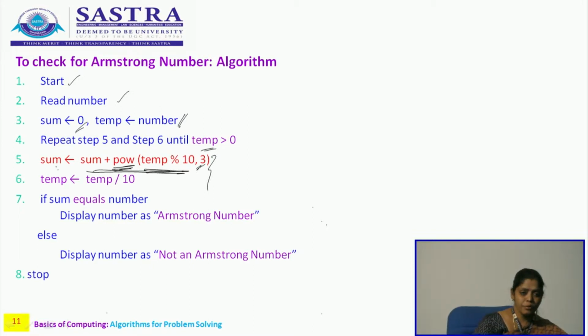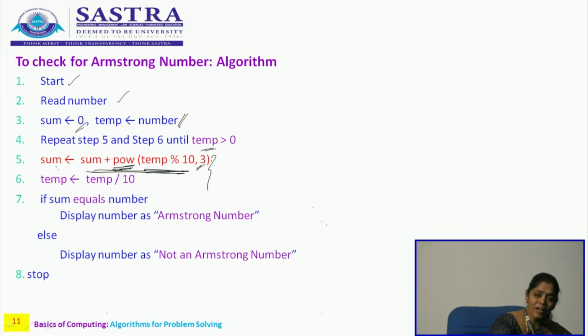Then what am I supposed to do? I have to extract the second digit. So to extract the second digit, we are dividing the number by 10. So what happens? The quotient will have only the previous digits apart from the last digit. So once again you will go back and check whether the temp is greater than 0 and proceed.